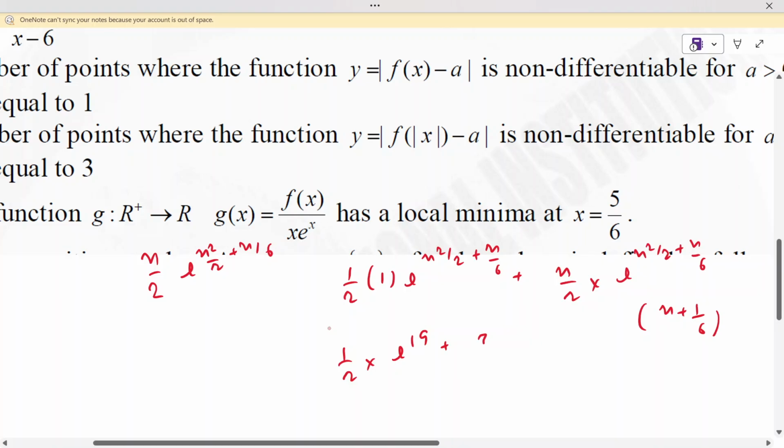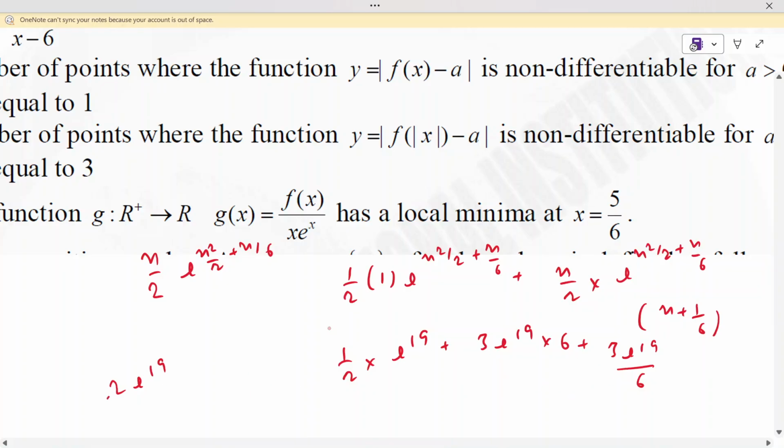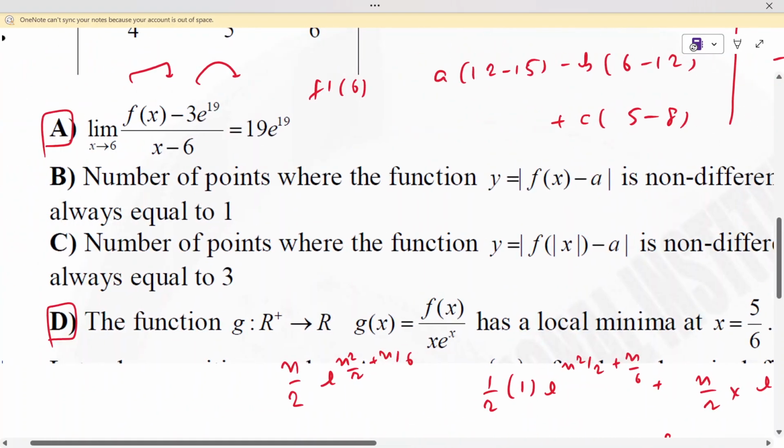And now 3 e की power 19 into 6 plus 1 by 6 is what? 6 plus 3 e की power 19 by 6. So it is 2 e की power 19, right? 1 by 2, 1 by 2, okay, sorry, e की power 19. And 19 is coming, fine?